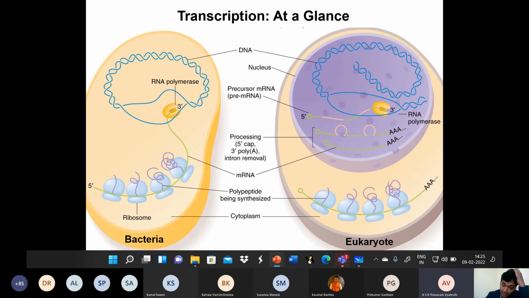Now, transcription at a glance. Whatever I just told you, this is bacteria, you can see, and this is a eukaryotic cell, say for example some human cell. In the eukaryotic cell, we have a nucleus.